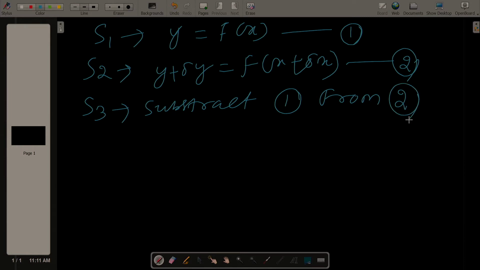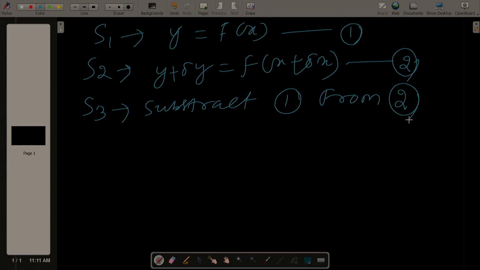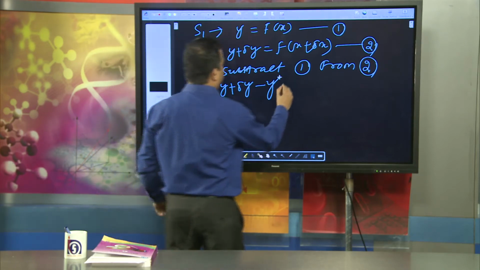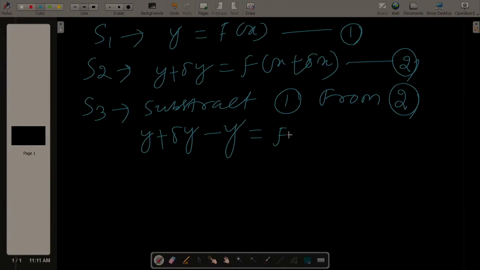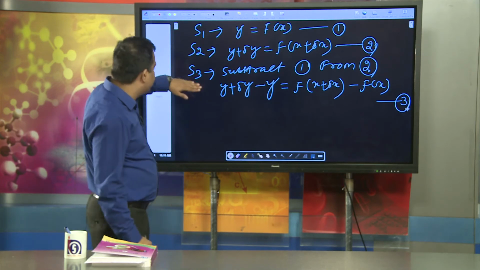What do you find? That means step 3, I can write y plus del y minus y, which is equal to f of x plus del x minus f of x. Suppose this is equation 3. Now, what will you do? We have reached up to step 3.